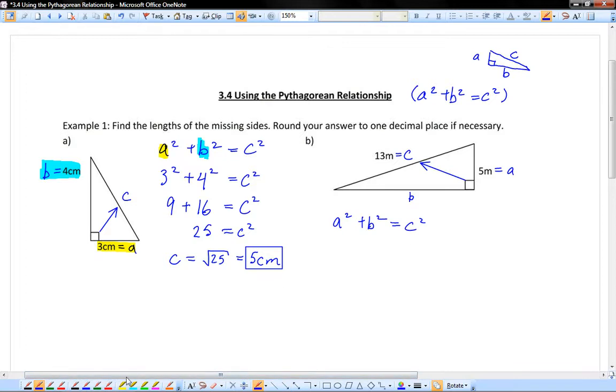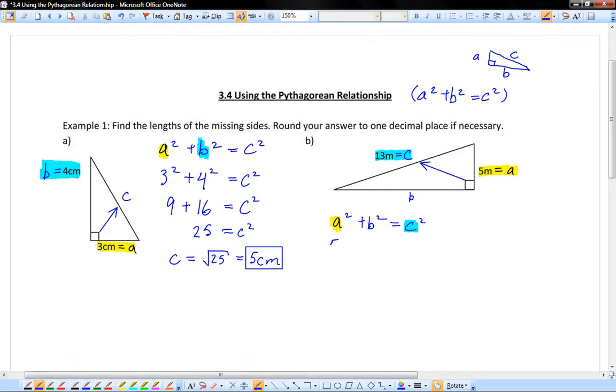Now I'm going to do substitutions, so I'm going to replace A with 5. I can't put anything in here for B. B is the unknown. So instead, I'm going to replace C with 13. Okay, so let's do that.